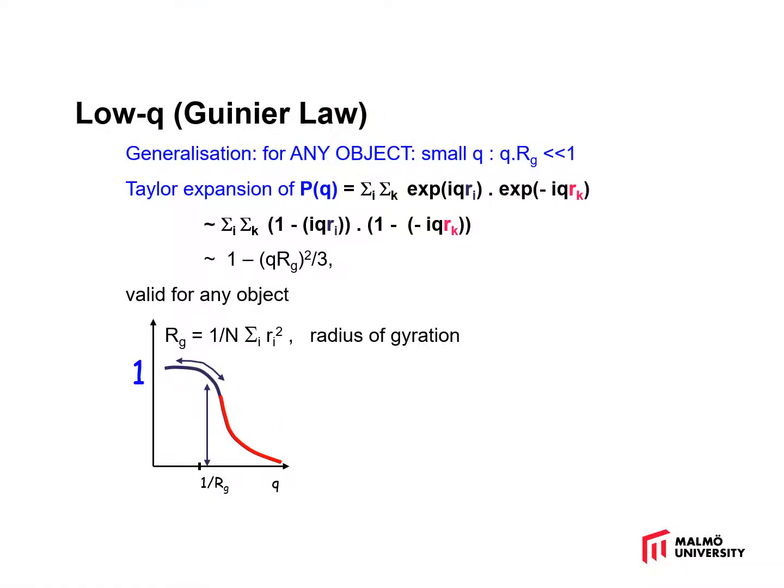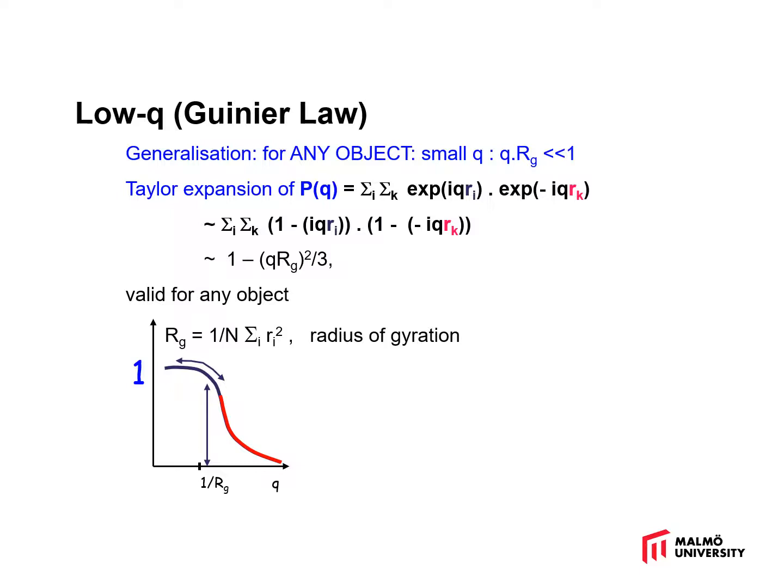So the simplest of scattering laws at low Q is the Guinier law, and that just describes a limiting law which relates the decay of the intensity close to Q equals 0 to the size of the object. Typically in the Guinier regime, as you see in the figure at the bottom, the scattering curve begins to turn over towards some limit at I0.